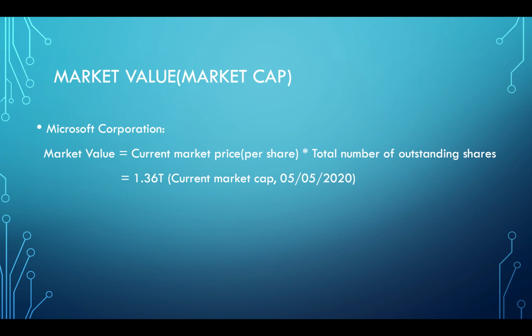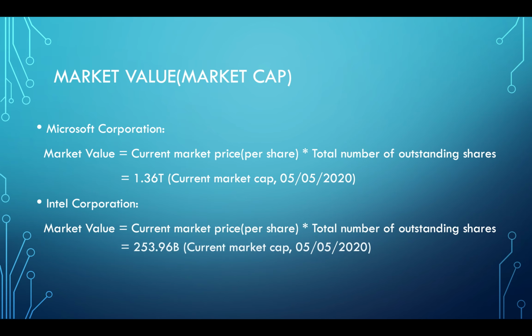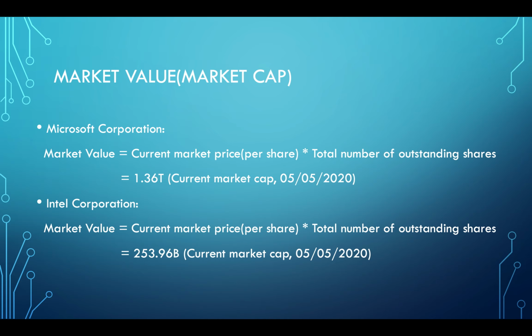This is the current market cap, which is $1.36 trillion. And for Intel Corporation, it's $253.69 billion. And actually, this is a large gap between these two corporations. So we can see that Microsoft's value is large.